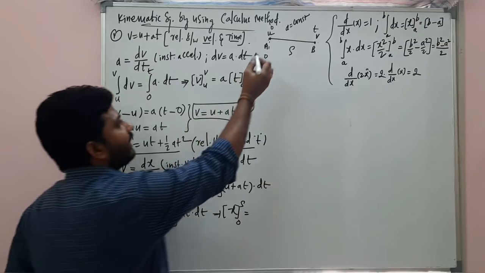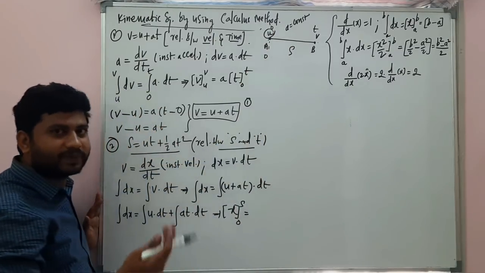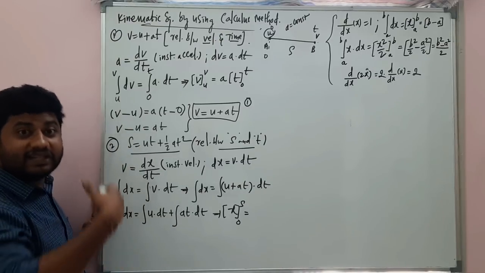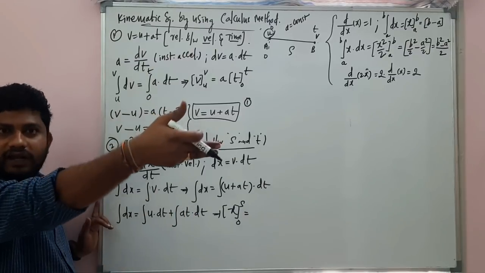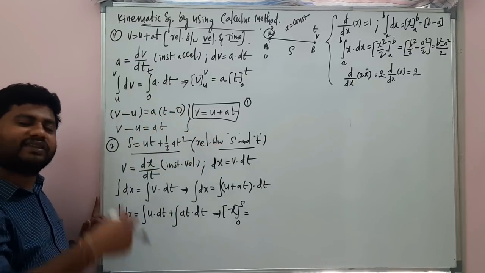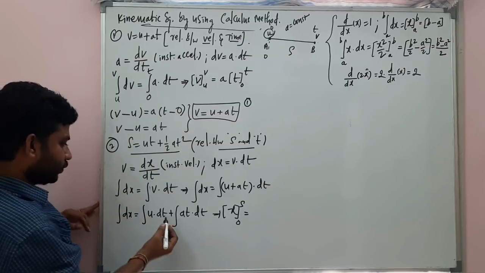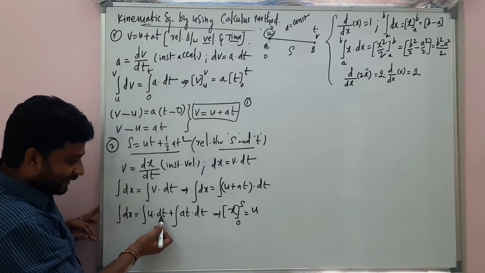For example, the body started with 2 meter per second. With the time, the final velocity is changing. If time is increasing, final velocity will increase. If the time decreases, final velocity will decrease. Initial velocity remains the same. So this initial velocity I am just keeping outside, and integral dt.